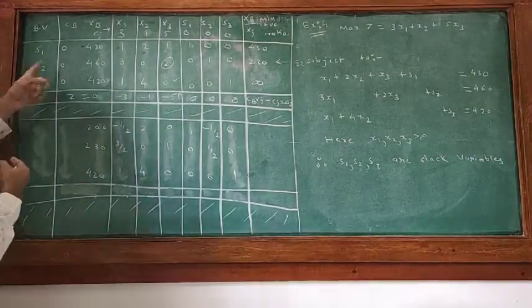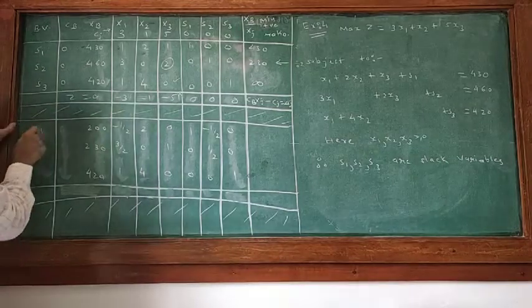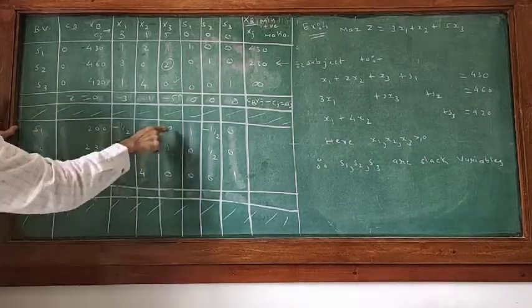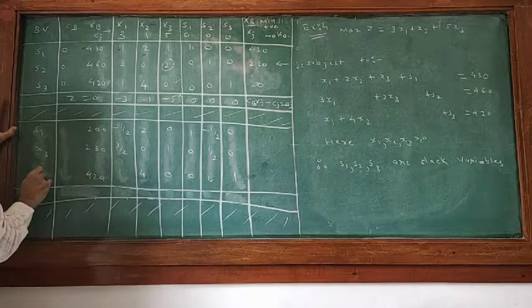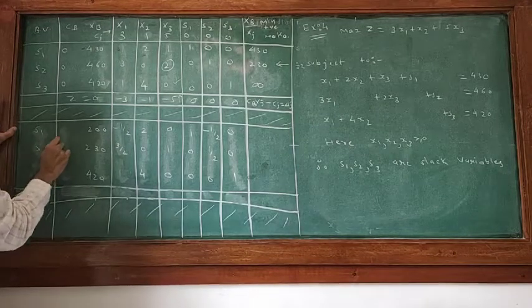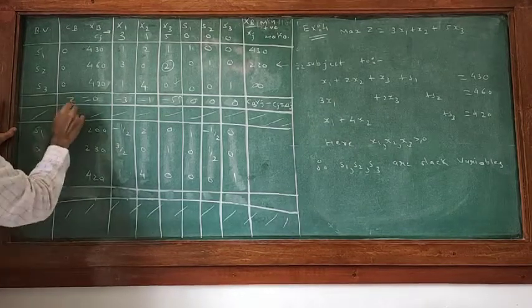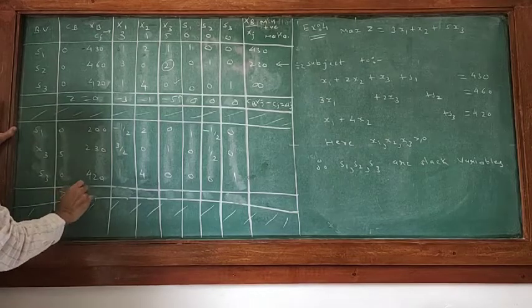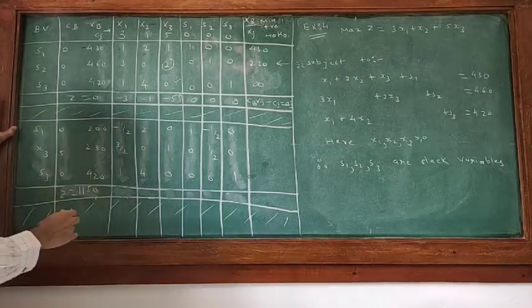So x2 is out of the basis and therefore it is s1. x3 is inside the basis in place of s3. This is 5, these are 0. So the value of z is 1150.